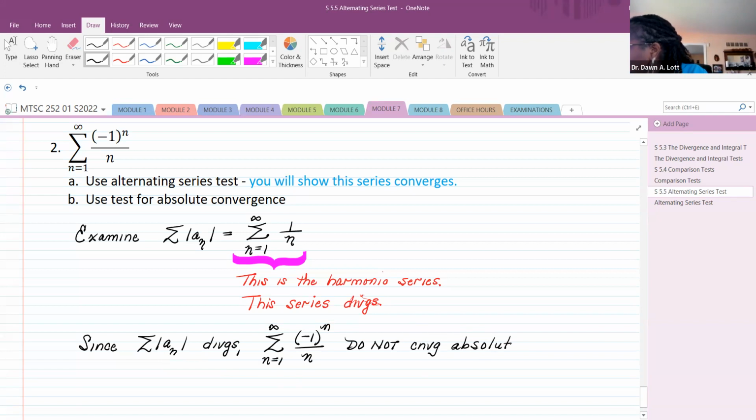So it'll only converge absolutely if the summation of the absolute value converges, and this one does not.